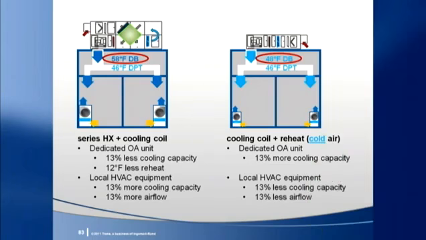The 48-degree air delivered by the cool reheat unit removes more of the space-sensible cooling load, allowing for the local equipment to be smaller. Even though the dedicated outdoor air unit requires 11 tons more capacity, the local equipment requires 11 tons less. So for the overall system, there is no net difference in the installed cooling capacity.